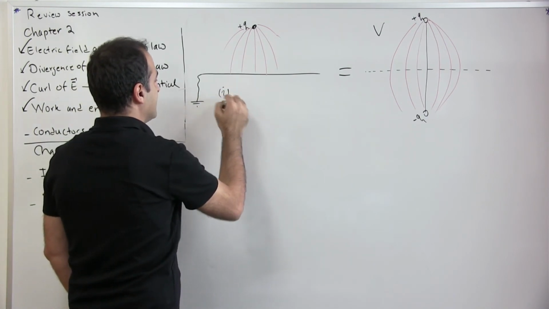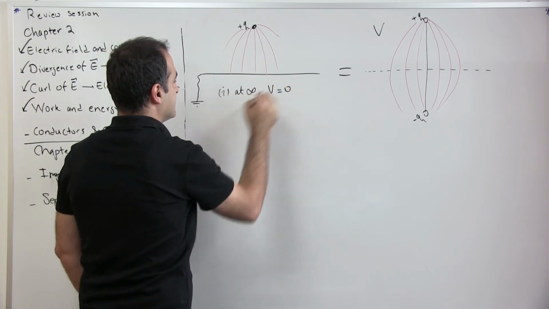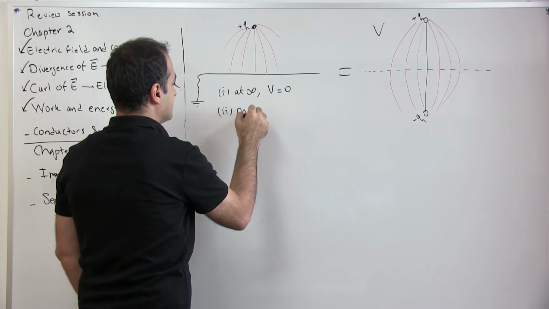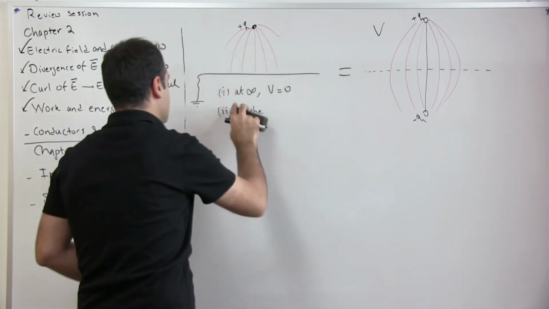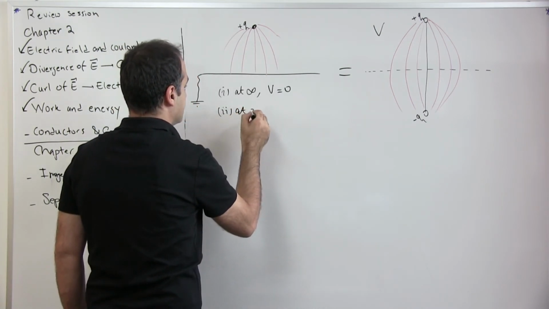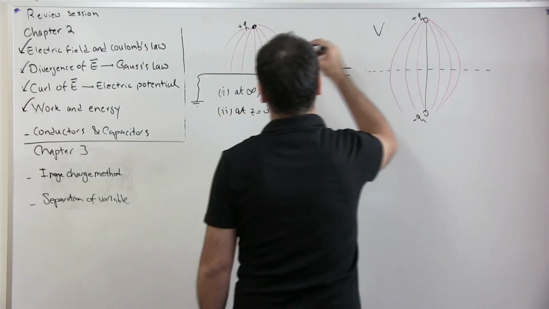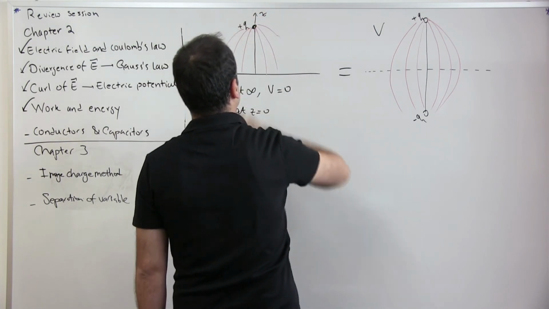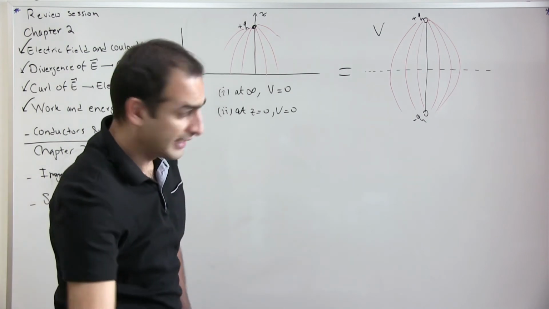One, at infinity, V should be 0. Number two, on the surface, or let's say at z equals 0, imagine this is the z direction, the potential should be 0 as well.